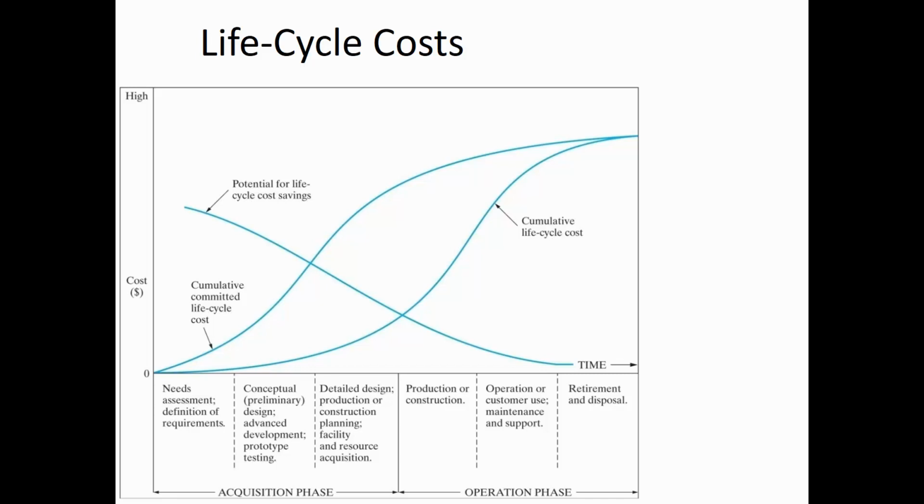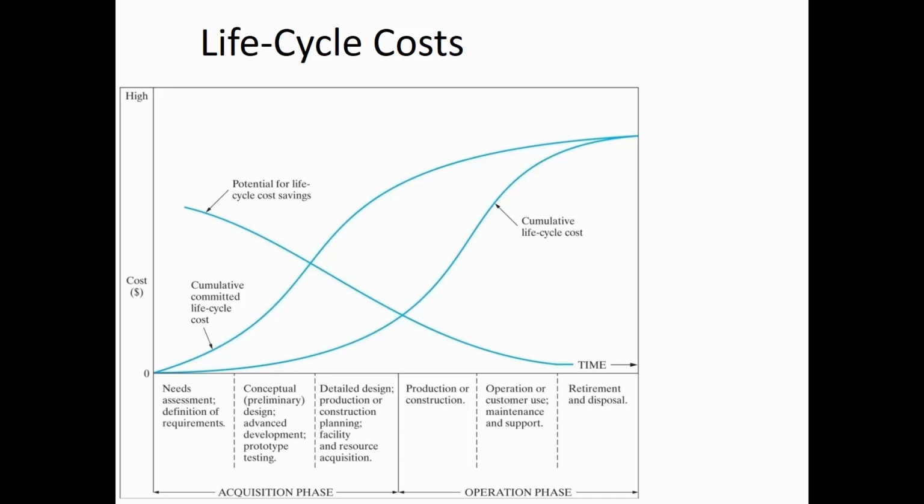And then during the operation phase and retirement and disposal, that's when the actual life cycle costs start to taper out, because once you have the building and it's already been constructed, then the cost of operating it is just a small fraction of the cost of building it in the first place. We still have to pay the utilities.